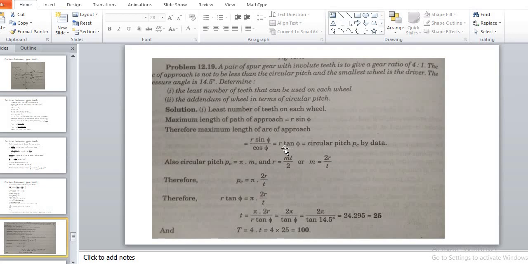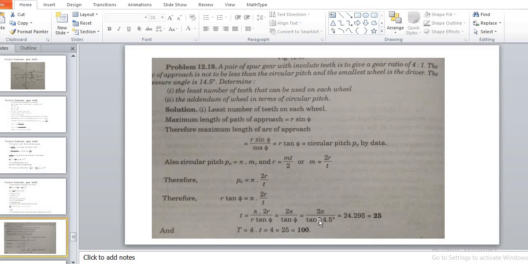Now, according to this condition, r tan phi is equal to the circular pitch, pi into 2r by t. So t is equal to pi into 2 into r divided by r tan phi. The r gets cancelled, and we get 2 pi divided by tan phi.